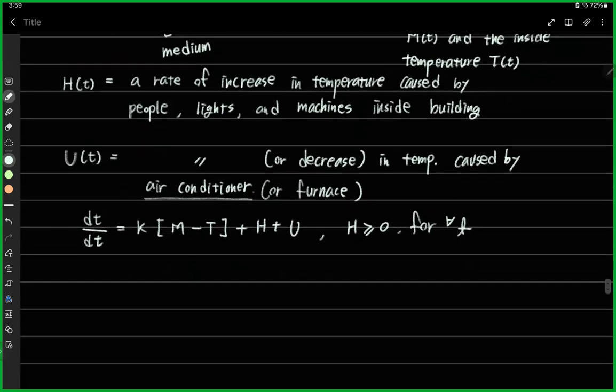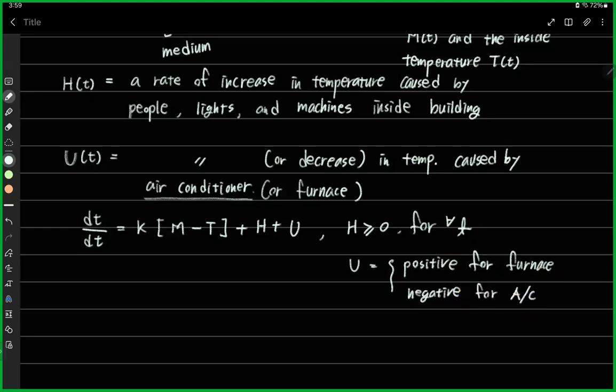Okay, so U of T is positive for a furnace, right? Negative for AC, air conditioner.